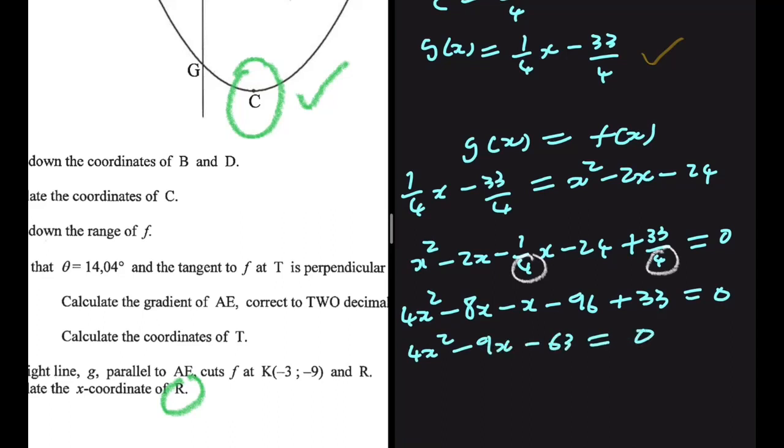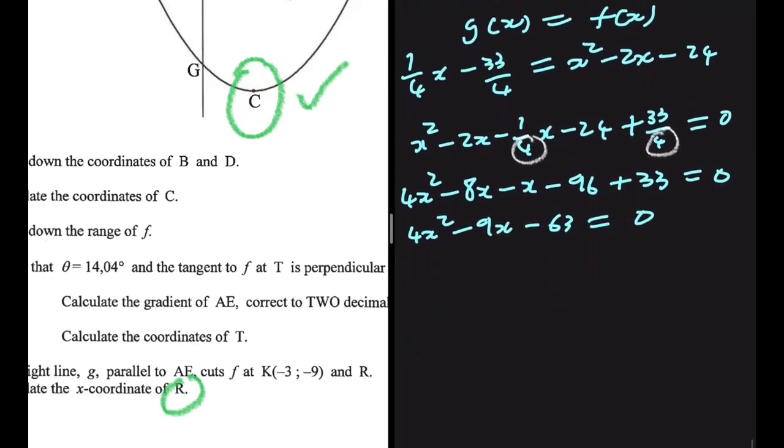So now it is just a matter of factorizing. You can use the quadratic formula because of this coefficient of 4. It becomes really hard to factorize using your mind without the aid of a calculator. So if we factorize anyway, we should get 4x minus 21 multiplied by x plus 3 equals 0.